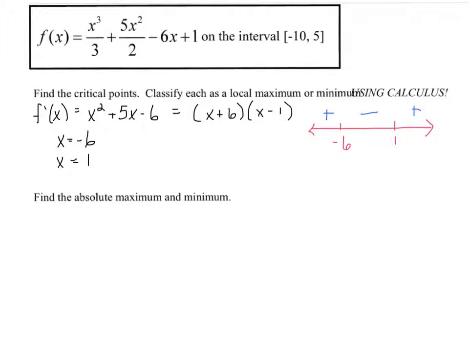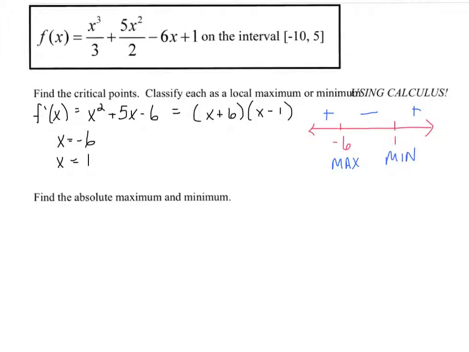So here's what I know. The derivative changed from positive to negative at negative 6, meaning the function changed from increasing to decreasing, making this a maximum. At positive 1, the derivative changed from negative to positive, meaning the function changed from decreasing to increasing, making 1 a minimum.